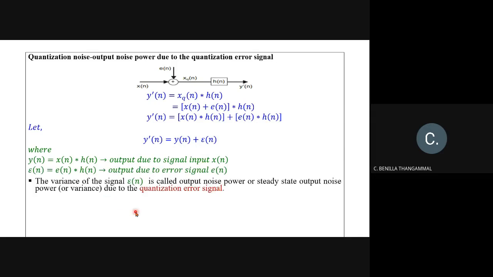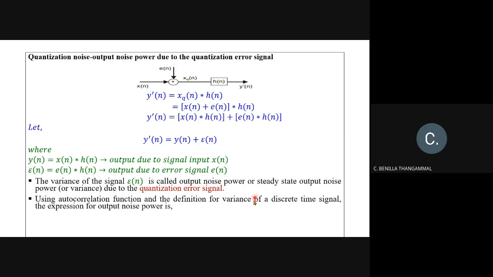So the variance of this signal is called the output noise power, or steady state output noise power, due to quantization of your signal. That is obtained by the product of the variance of your input signal and the summation from n equal to 0 to infinity of h square of n.